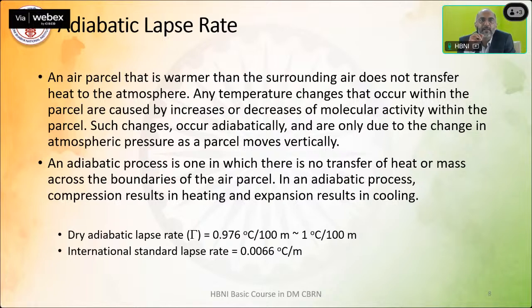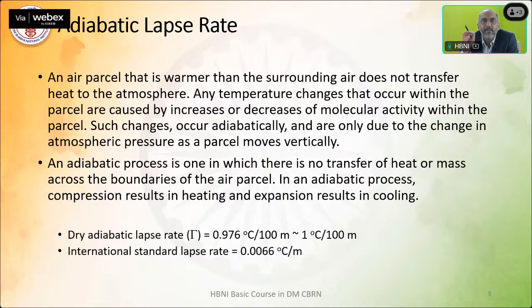Adiabatic lapse rate. When we call it adiabatic lapse rate, what is it? An air parcel that is warmer than the surrounding air does not transfer heat to the atmosphere. So there is no heat transfer between these parcels. Any temperature change that occurs within the parcel is caused by the increase or decrease in the molecular activity within the parcel.